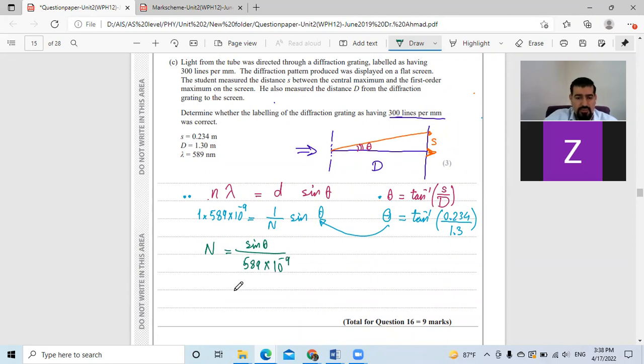And by using the calculator, my answer will be, yes, thank you, Ammar, theta is 10.2, and the answer will be 301,000 lines per meter, which equals 301 lines per millimeter. So yes, it is correct.